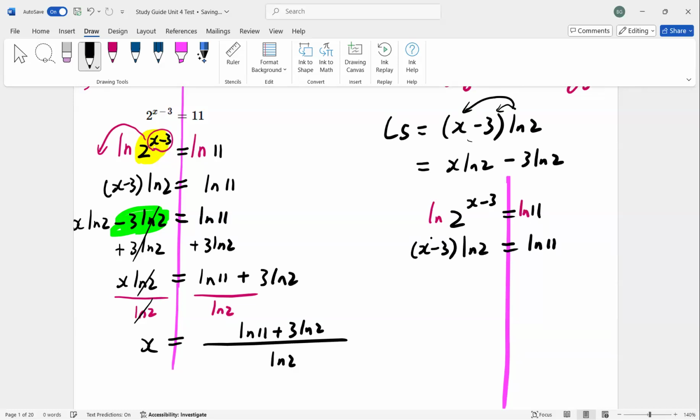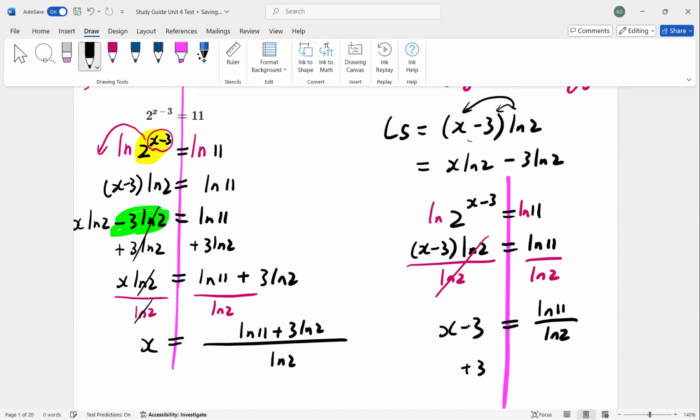Here we could get rid of ln2 at this point, because ln2 is multiplied with x minus 3. ln2 cancels ln2. On the left side, we have x minus 3 only. This way, you don't need to distribute. On the right is ln11 over ln2.